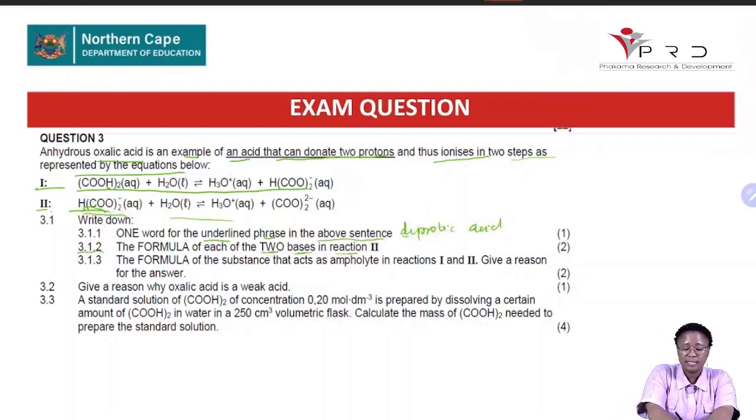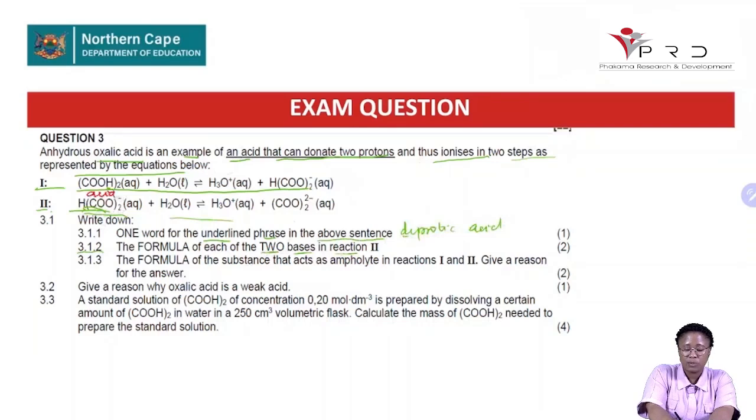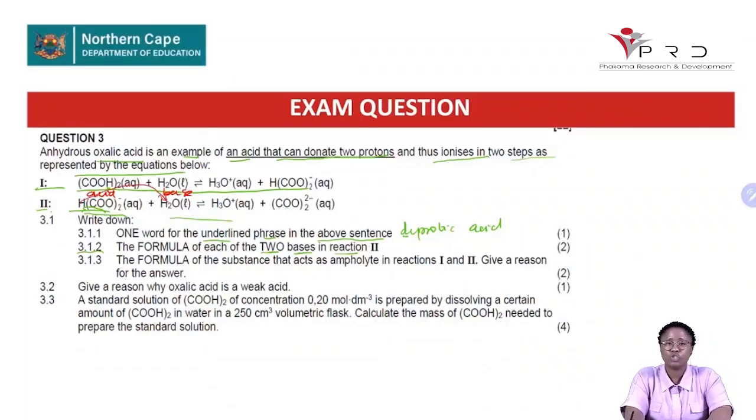HC2O4 minus is our acid, okay, and then H2O is our base over there, okay. So that HC2O4 minus, which is oxalic acid, is going to donate a hydrogen to water, H2O, and your product will be H3O plus over there, and C2O4 2 minus.